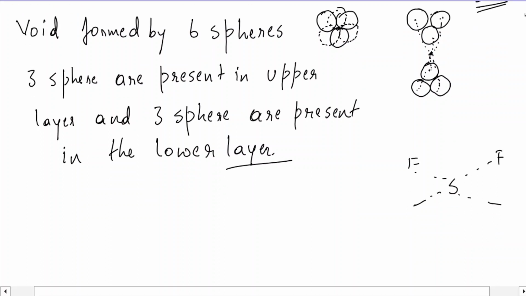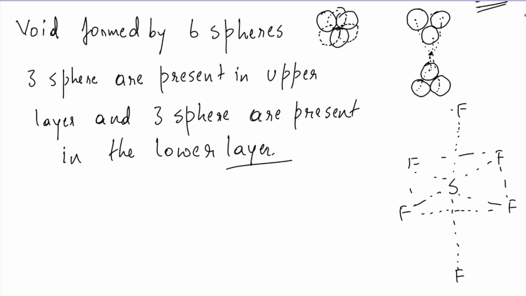Suppose there is a molecule SF6. Four atoms are in the same plane, one is above the plane, and one is below the plane. Now this is square bipyramidal.